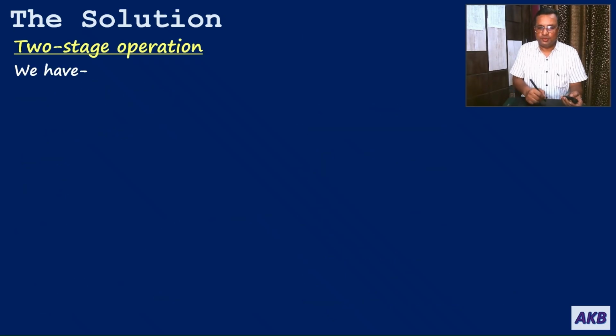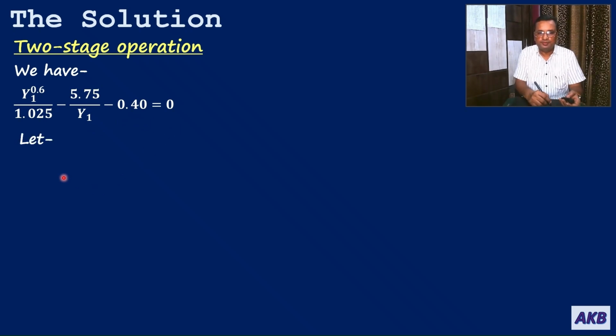So we got this equation: y1 raised to 0.6 divided by 1.025 minus 5.75 divided by capital Y1 minus 0.40, that is equal to 0.